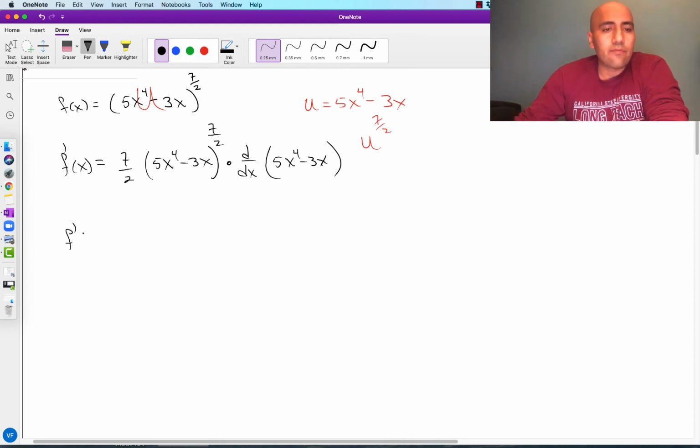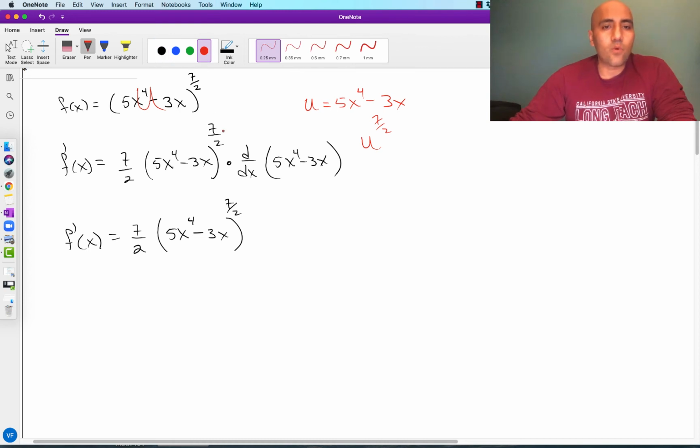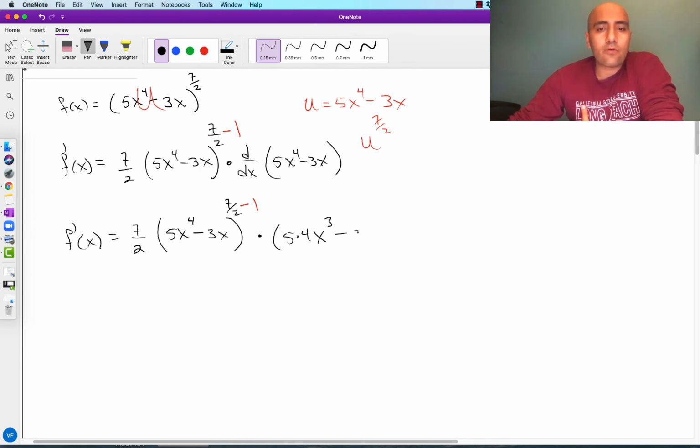Good. So f prime of x is equal to 7 divided by 2 times 5x to the 4th minus 3x to the power of 7 divided by 2 minus 1, right? We subtract 1 from the exponent, times this derivative, which is going to be equal to 5 times 4x to the 3rd power minus 3.